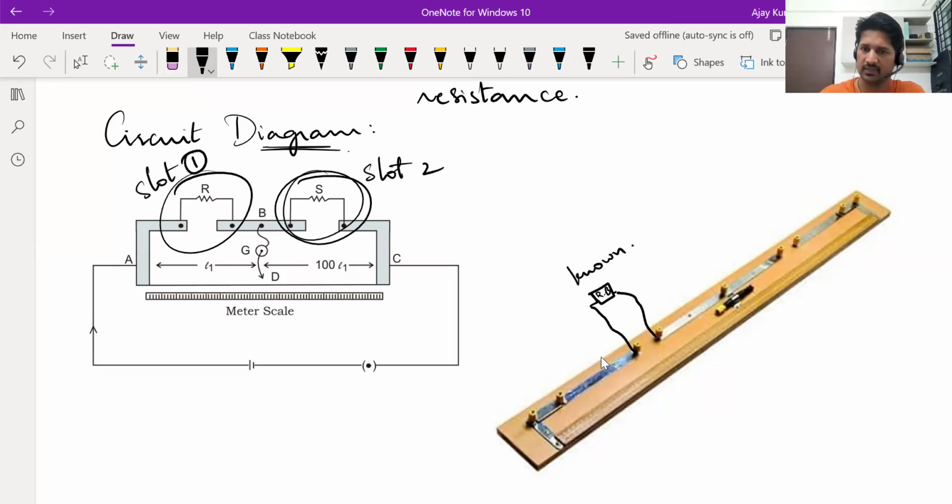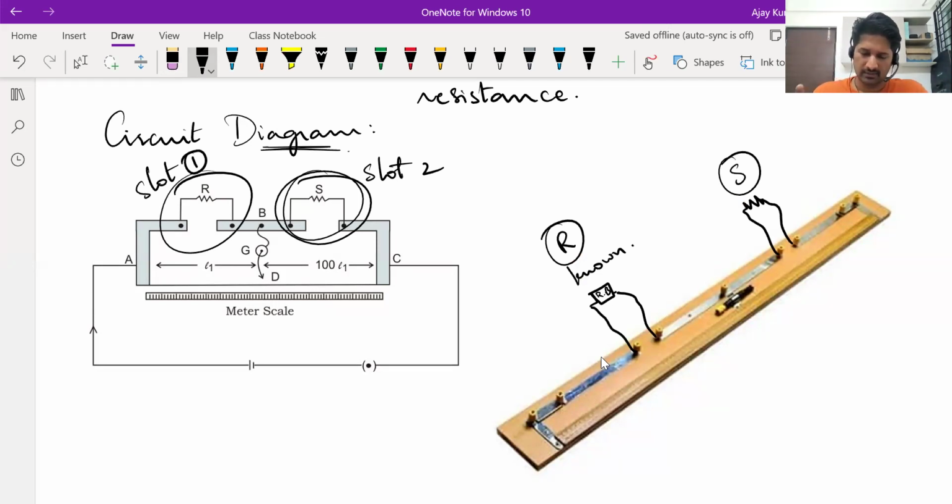We can set it. And in the other slot, the unknown resistance will be connected. It could be anything, as I said, it could be a wire, or they can give you another box whose resistance is not mentioned. So known, let us denote it by R. Unknown resistance, let's denote it by S. That is what you see on the circuit diagram also.